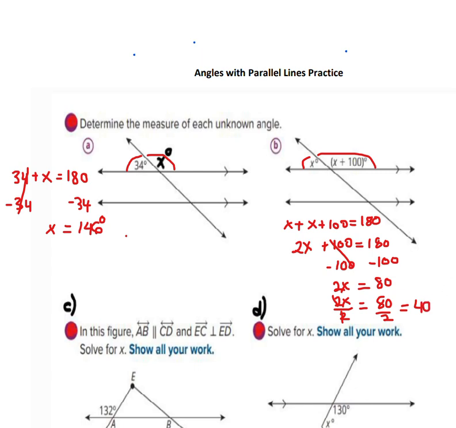So since x is equal to 40, we have found x. X is 40 degrees. And if you were to resubstitute that 40 here, 40 plus 100 would give us 180 degrees. So the answer here is indeed 40 degrees.